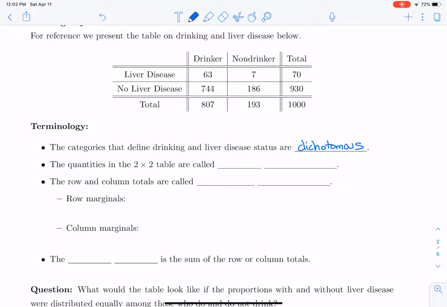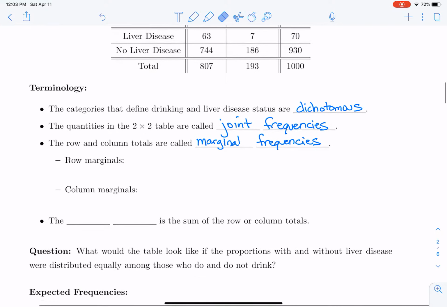The numbers you see within the 2x2 table, we're going to call those the joint frequencies. And then the row and column totals we'll call the marginal frequencies. And that should relate to the idea of marginal probabilities that we looked at back in Math 350 last semester. Okay?